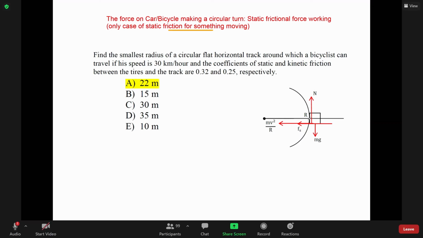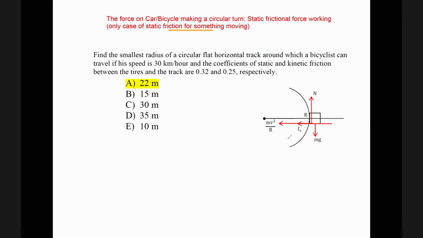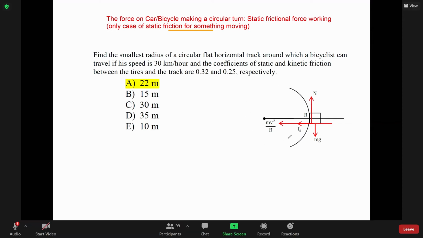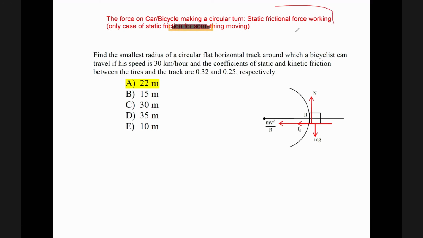So if you are successfully making circles with your car, there is friction, definitely. Your car is not attached by a rope to the center of the circle, and you don't have any force toward the center. So the only force is the friction force. I put it in red: it is a static frictional force, although the object is doing circles and is moving.